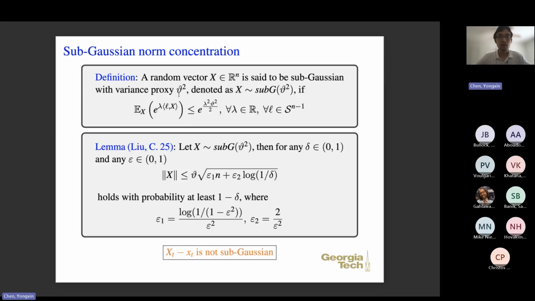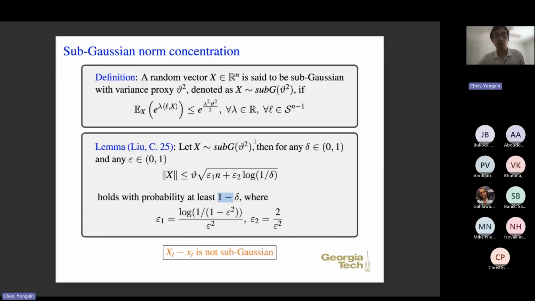What's interesting about sub-Gaussian is that a sub-Gaussian distribution shares exactly the same concentration as the Gaussian distribution. So if you have a sub-Gaussian random variable, then the probability decays to 0 very fast. So you can conclude the norm of x is less than this value here with probability at least 1 minus theta. And this is the same as the Gaussian case, exactly the same.